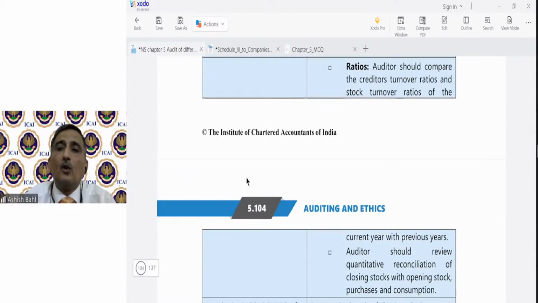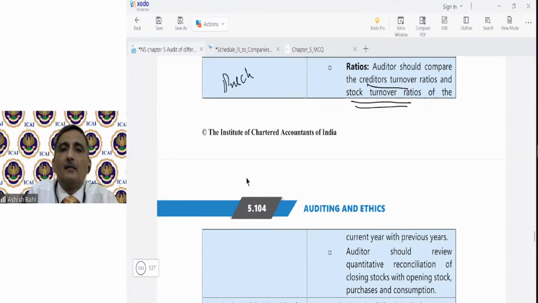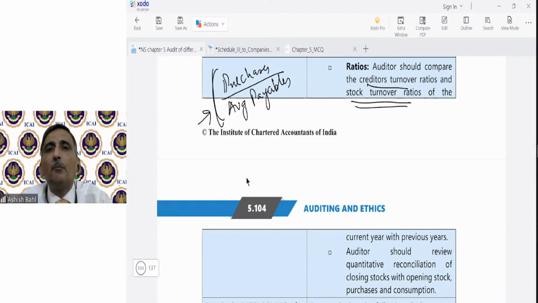So auditor should also compare creditors turnover ratio and stock turnover ratio. So this we have already discussed. Creditors turnover ratio is the same as we have calculated inventory turnover ratio, guys. It is credit purchases upon average payables. So this denotes how fast the company is in making payments to its creditors.